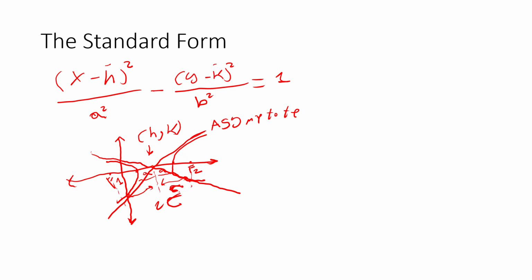The distance from the vertex to the asymptote, from the positive y and negative y, total distance is 2b.